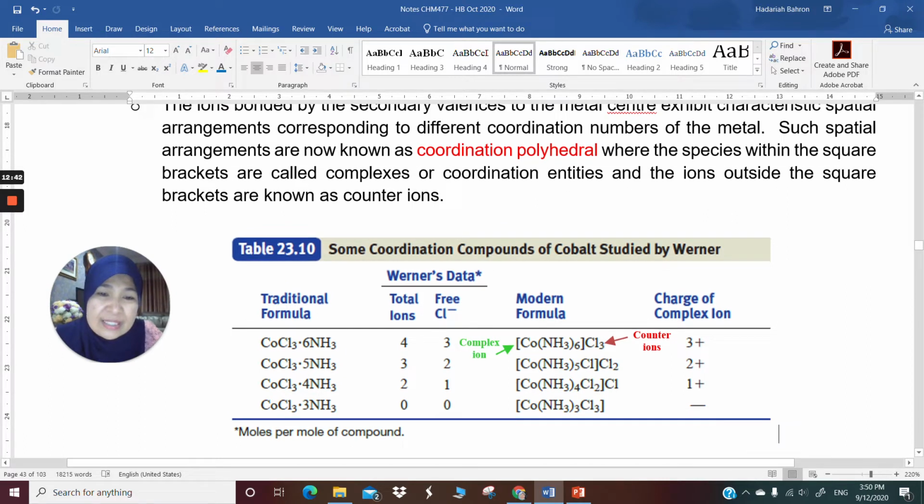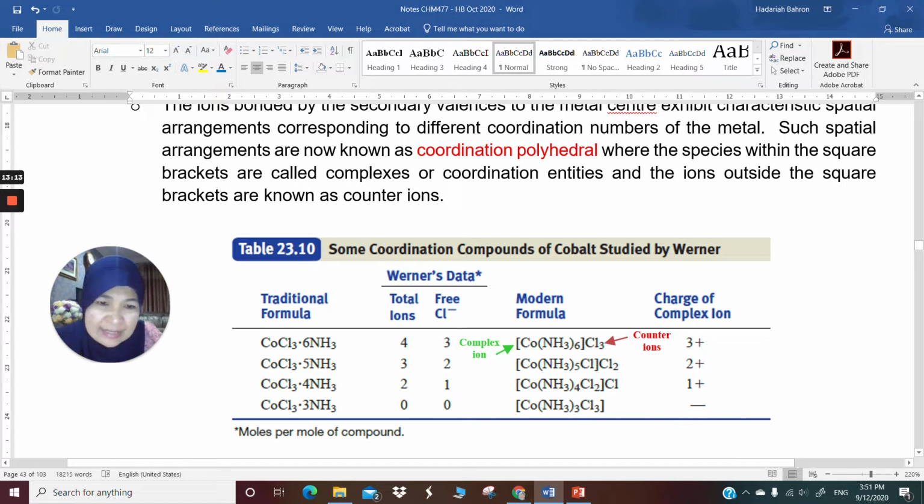In here, cobalt has bonded to 6 ammonia, making a complex ion having a charge of +3. Because ammonia doesn't have any charge, cobalt is cobalt 3. So this whole thing in the square bracket has a charge of +3, and those charges are balanced out by the 3 chloride.